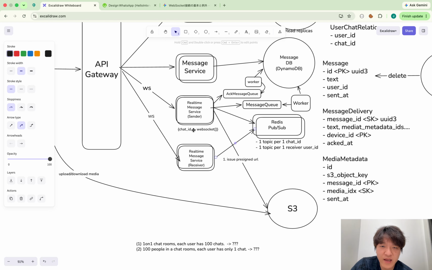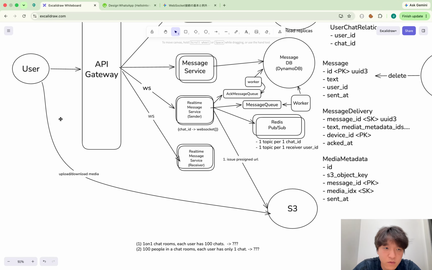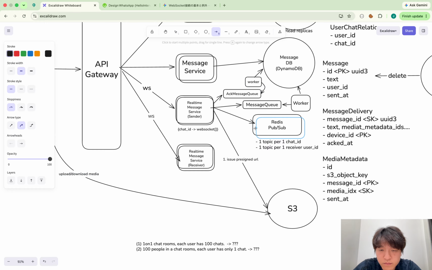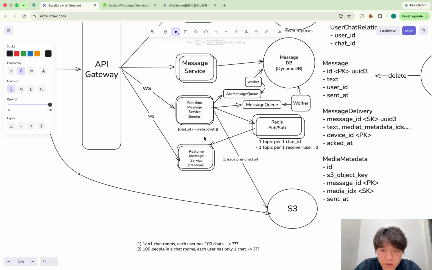But something I have to clarify is that one user has multiple chats. So this is good, but for one user, there are many chats. So one user's WebSocket has to subscribe to multiple chats.